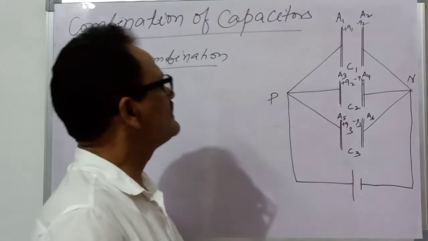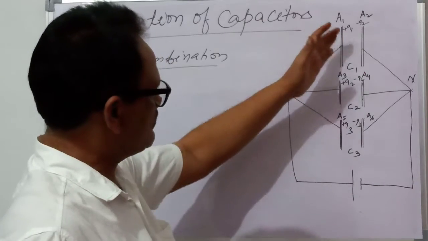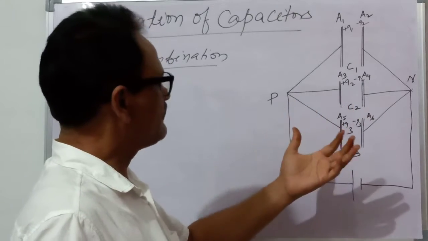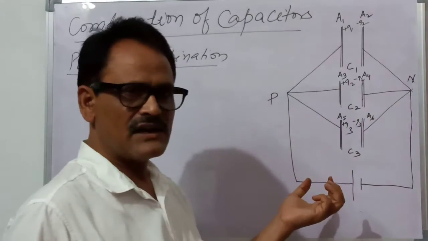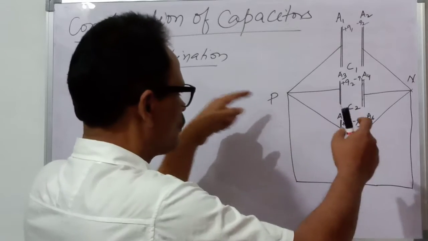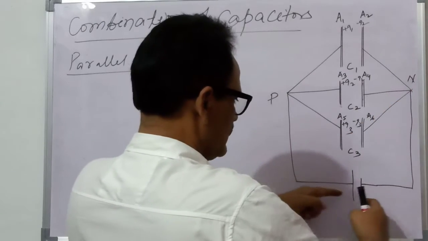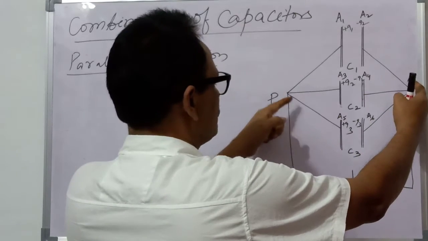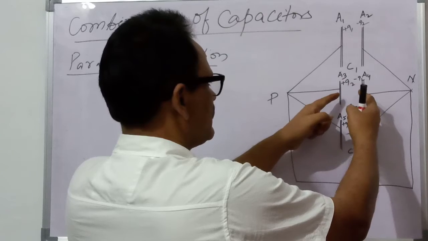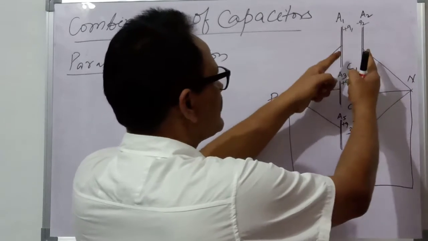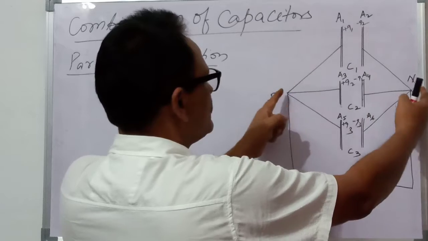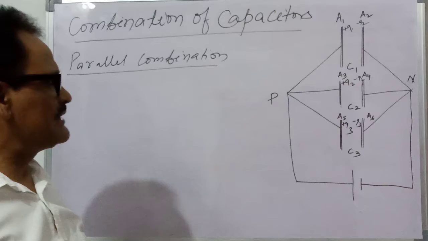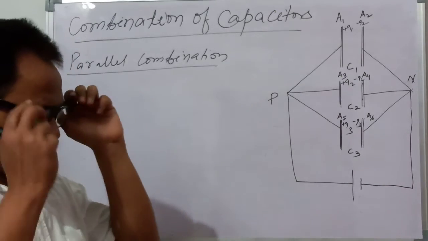Since for each of the capacitors the potential difference is the same, meaning the common points P and N, the potential difference between P and N for capacitor C3, for capacitor C2, and for capacitor C1 are all the same.